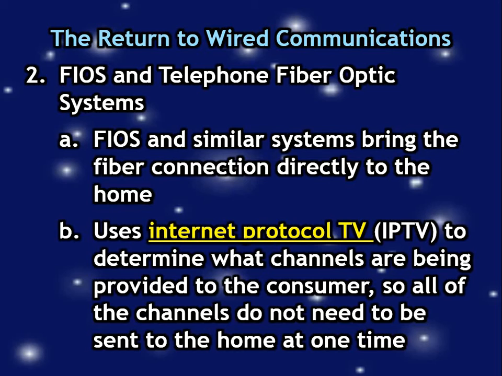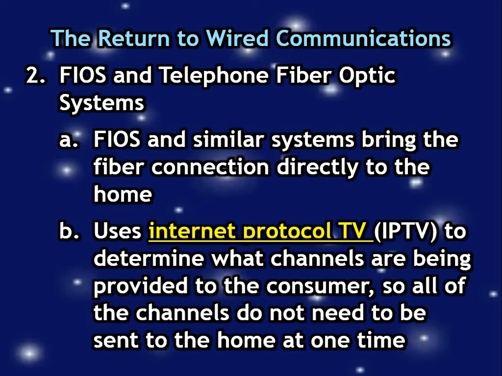So with the wide variety of channels now available to cable subscribers, if you are a quote-unquote cable subscriber but you're actually subscribed to a service like Fios, there are certain channels that are always going to be available to you. Your local broadcast channels, some of the more popular cable channels.